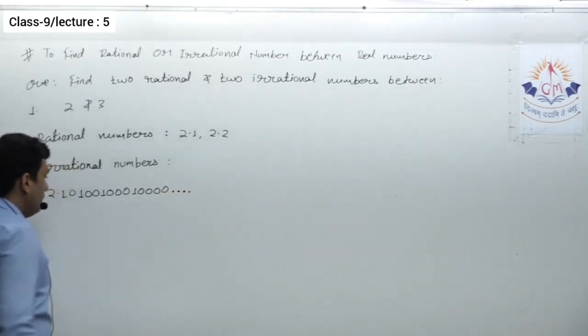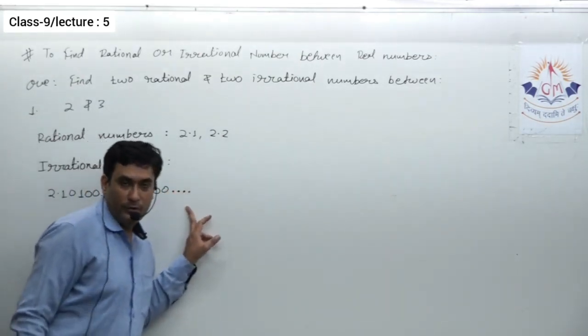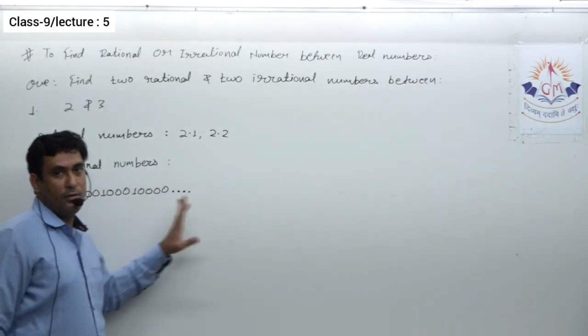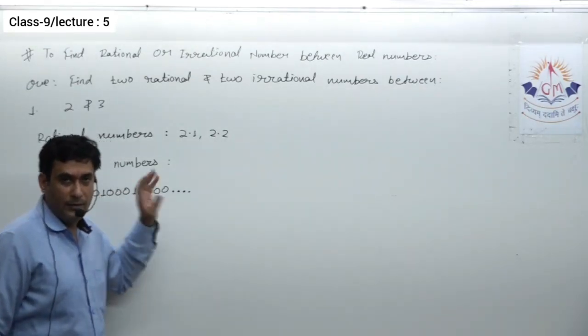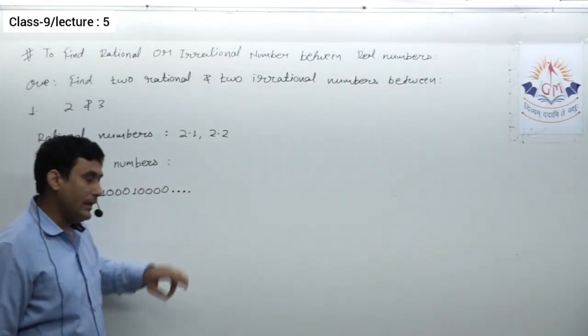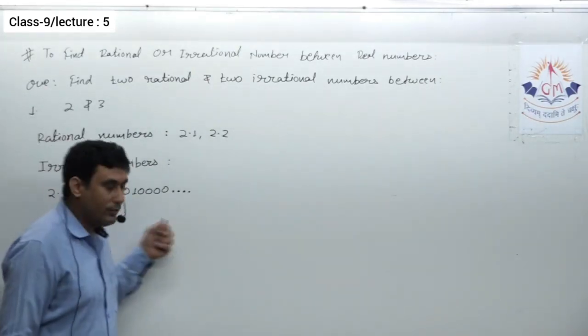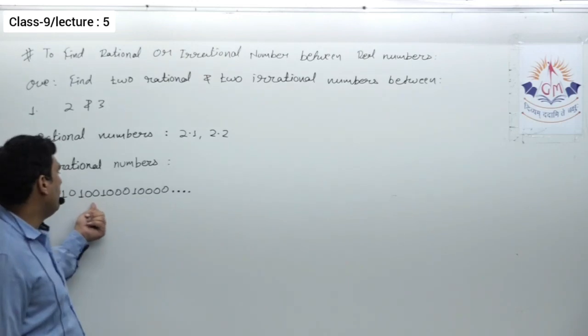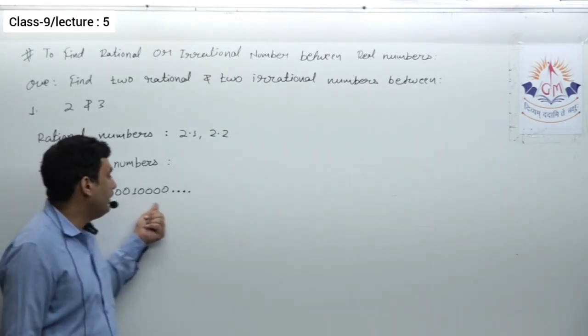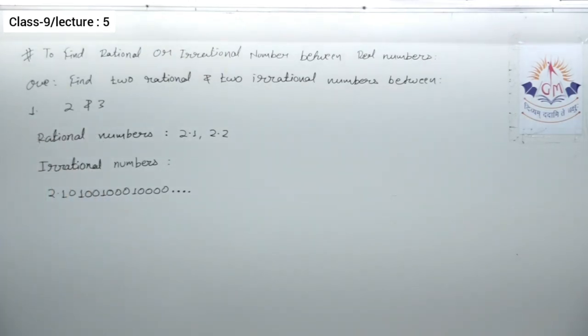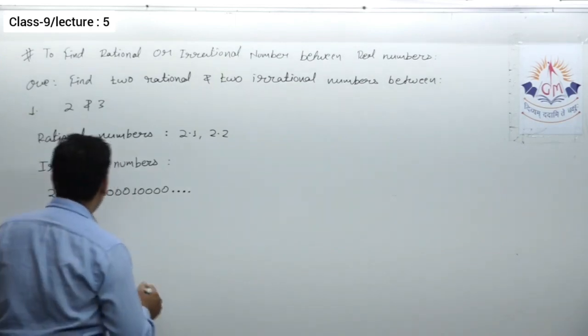Okay, don't forget to keep these dots. These dots show that it is not terminating. That is one of the properties of an irrational number. And another thing, it should not repeat itself. So it is not repeating itself. It is 1 0, 1 double 0, 1 triple 0, 1 four times 0, and so on. So in this way I can say this is one irrational number.